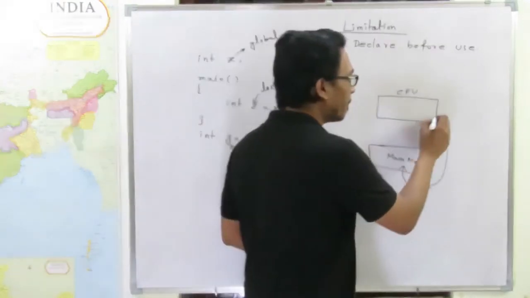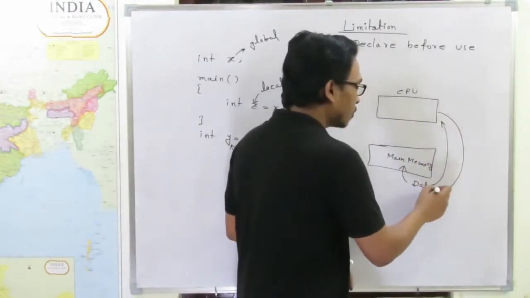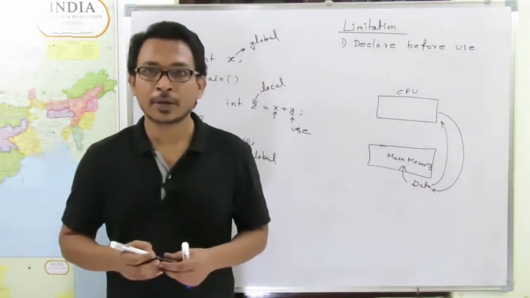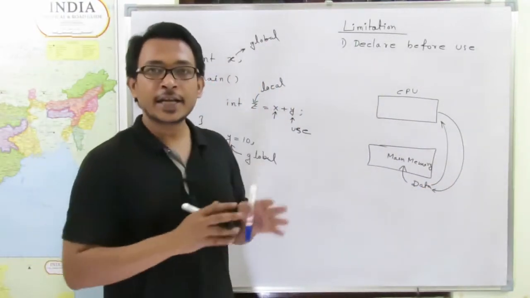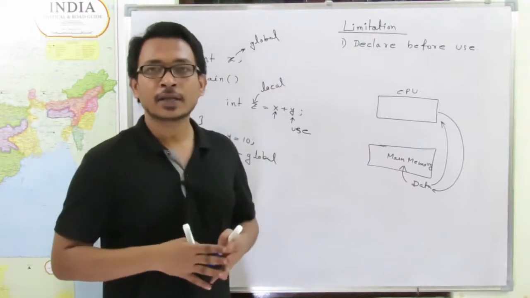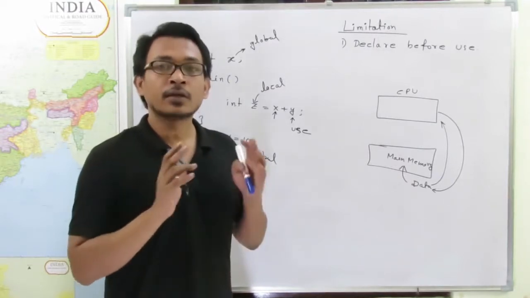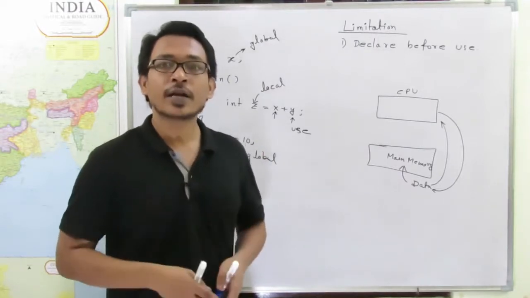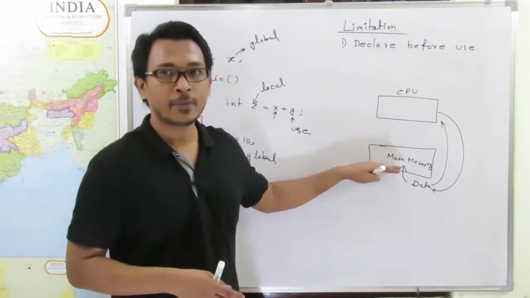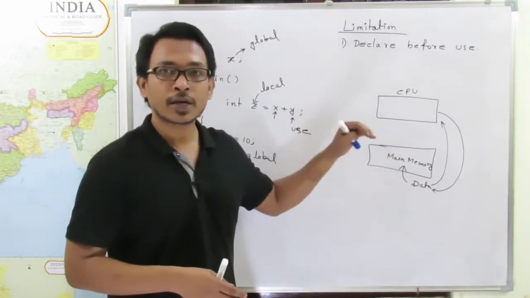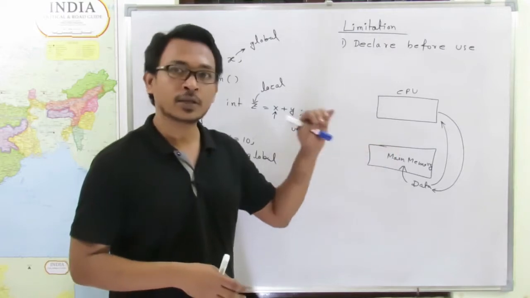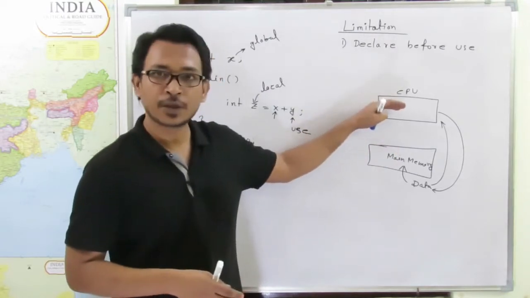That means after the operation the result also needs to be stored in main memory. That means for any operation the bottleneck in speed is only because of this main memory, because the working speed of main memory is much lower than the working speed of the CPU.